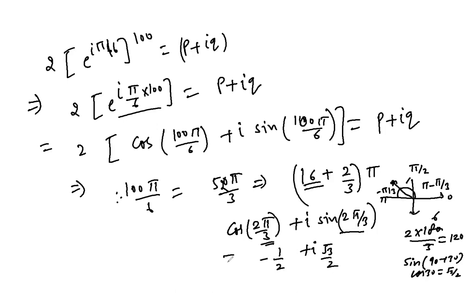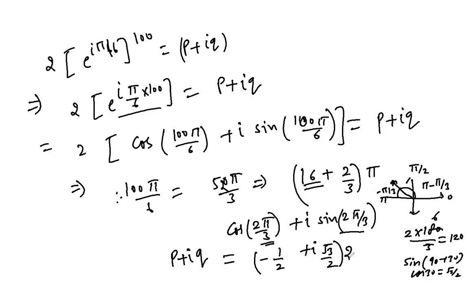So, and in multiplication you have 2, which is simply equal to p plus iota q. Okay, now by comparing you can easily see here the value of p is equal to -1, and the value of q is root 3. Is it clear?